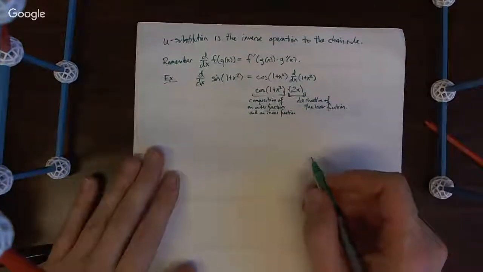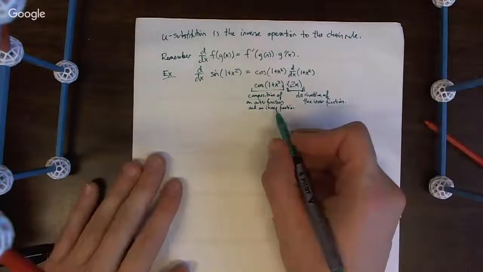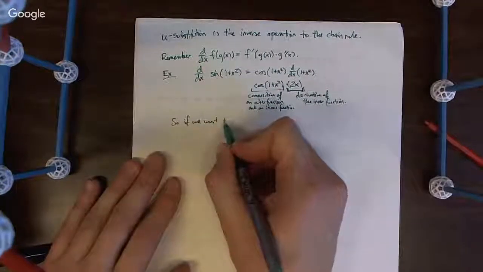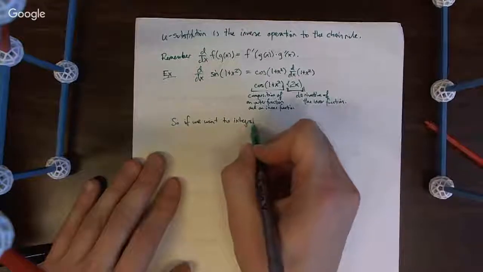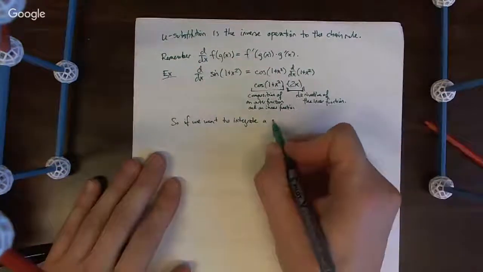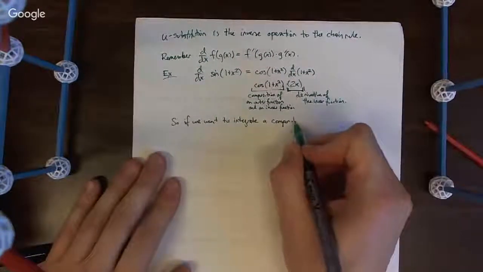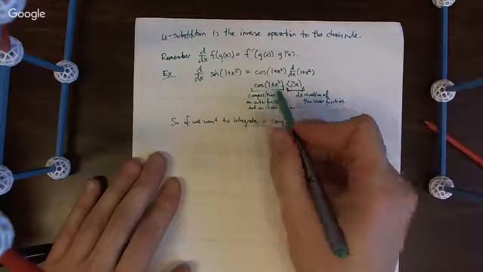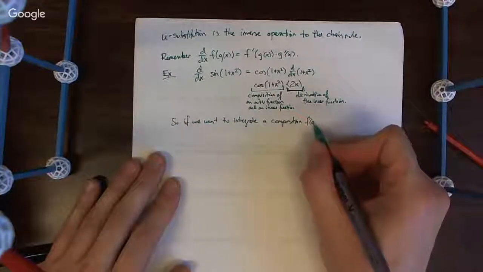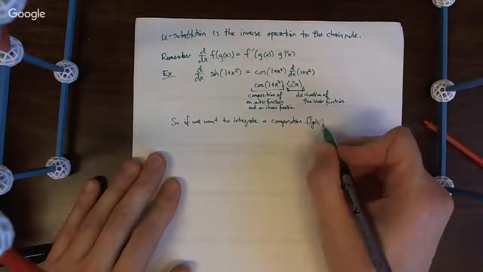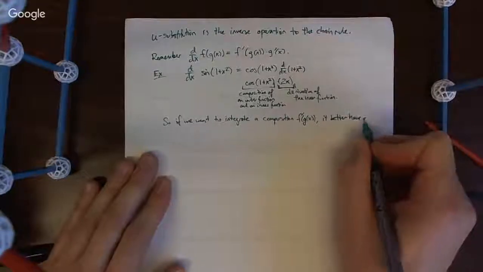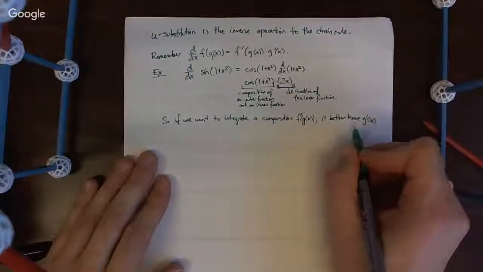So what that means is if we want to integrate a composition that looks like f primed of g of x, it better have the g primed of x hanging around.